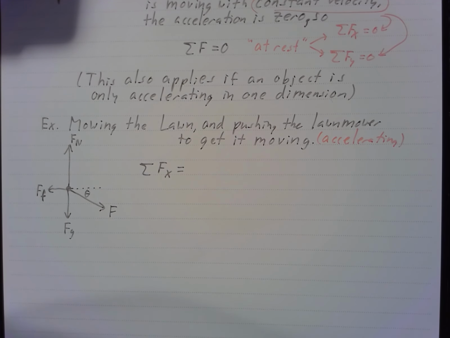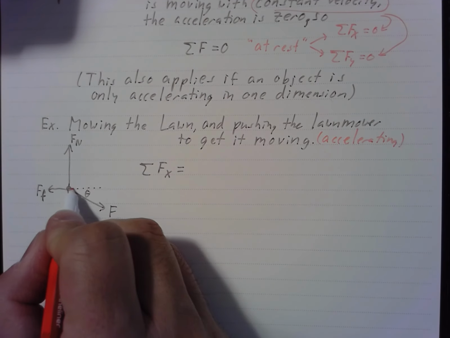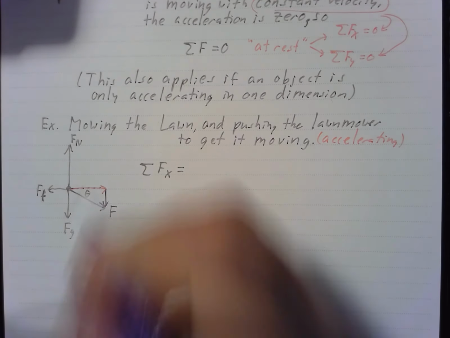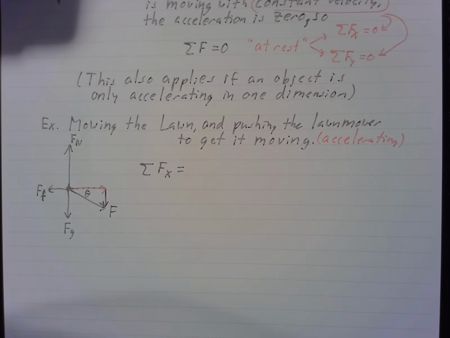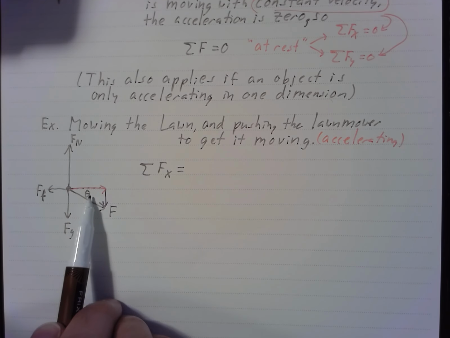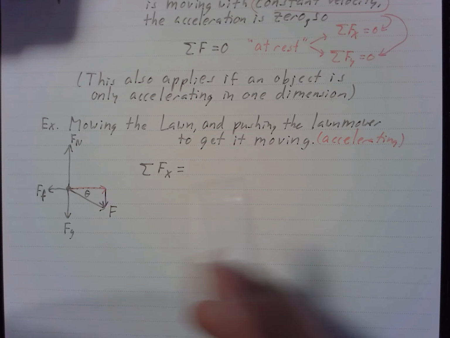I have to think about this force F: it has a horizontal component, and it also has a vertical component. And these are just arrows in space. It doesn't actually matter where they are, but it has two components. This component that I drew here in red is going to be related to the cosine of this angle.